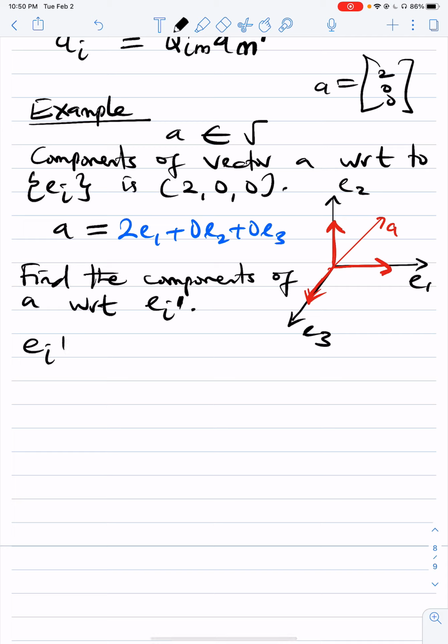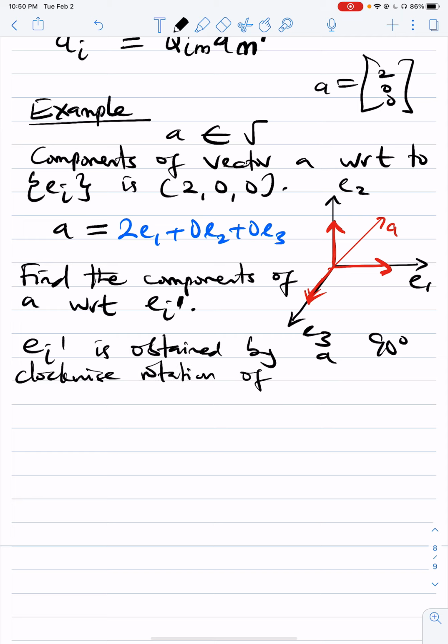The question says E_i prime is obtained by a 90 degrees clockwise rotation of the E_i axis about the E3 axis.